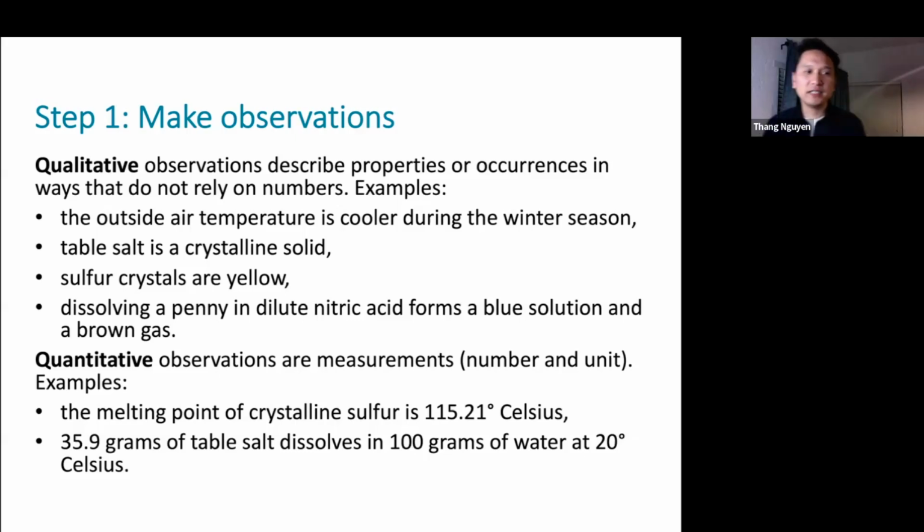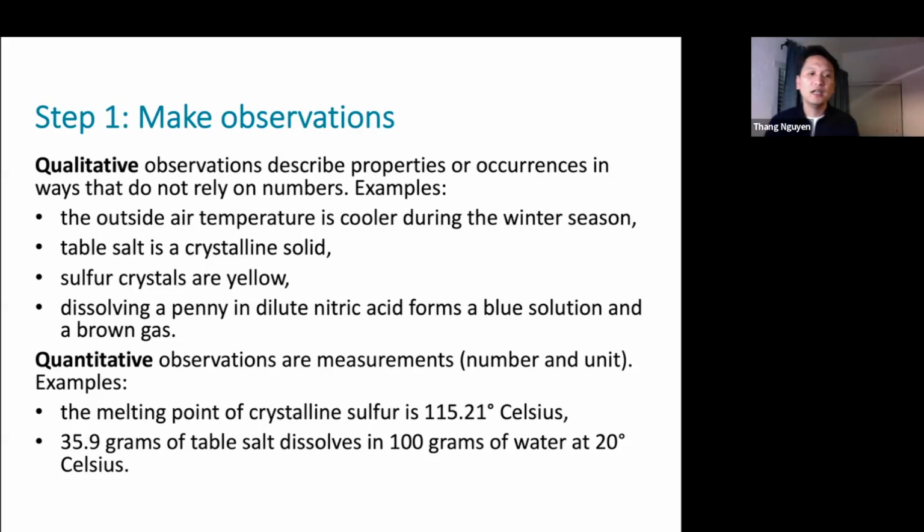So making observations, there are two types of observations you can make. One is called qualitative observations, and the other one is called quantitative observations. Qualitative observations describe properties or occurrences in ways that do not rely on numbers, right? So just describing things how they seem without numbers.